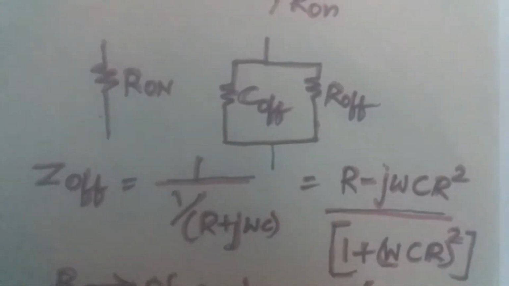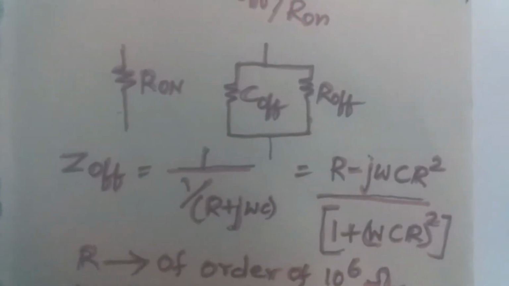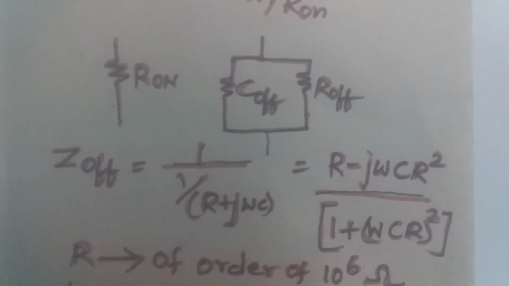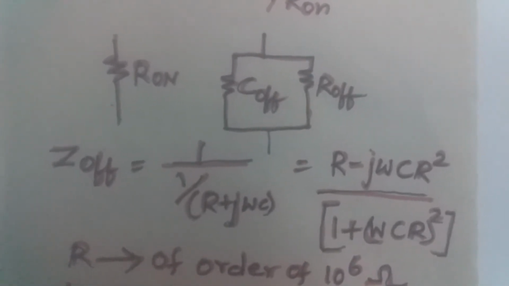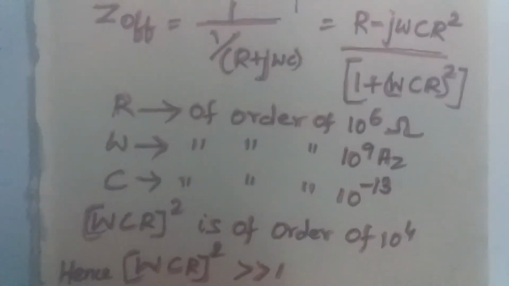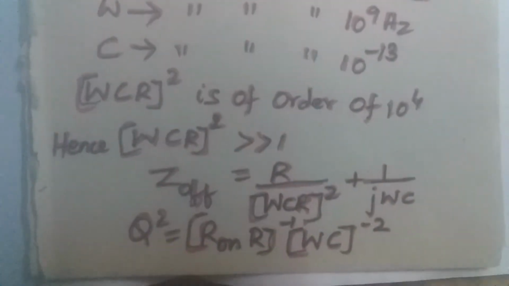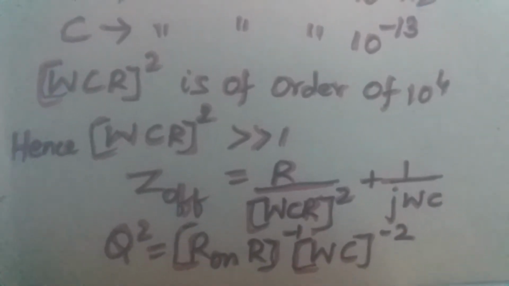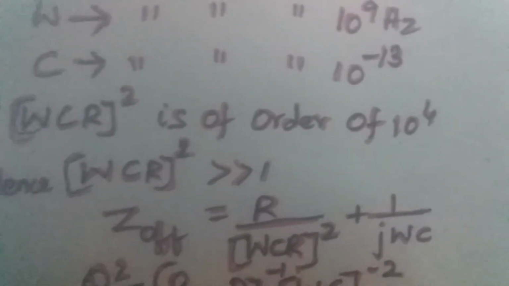So Z off is equal to 1 by (1/R plus j omega C), which is equal to R minus j omega C R square by 1 plus (omega C R) whole square. So you know the various values. So ultimately Q square will be equal to R on into R off times omega C to the power of minus 2.